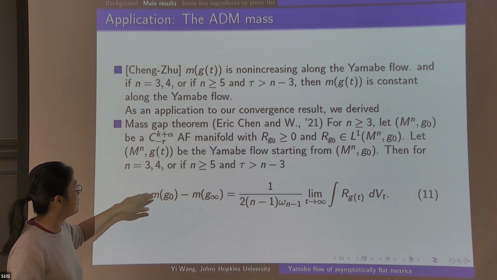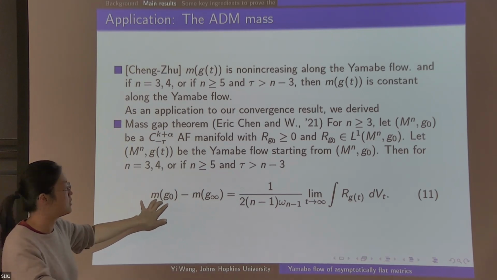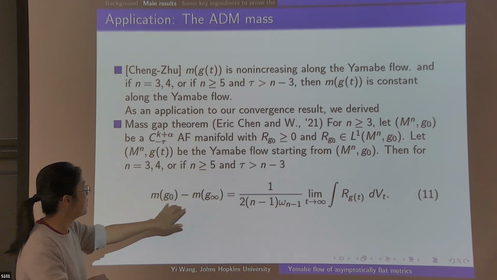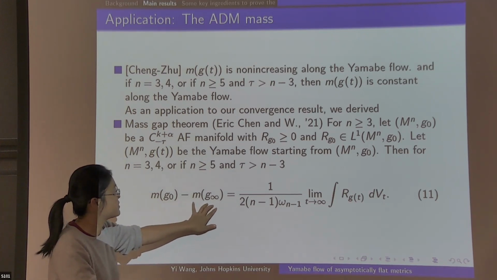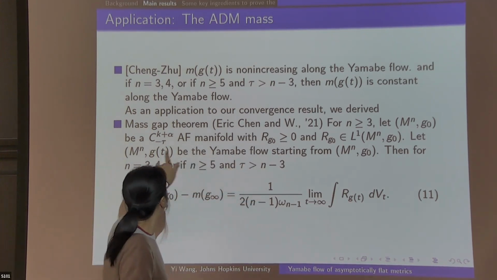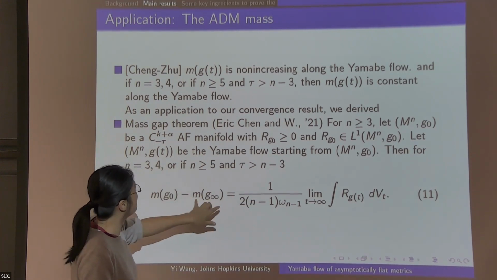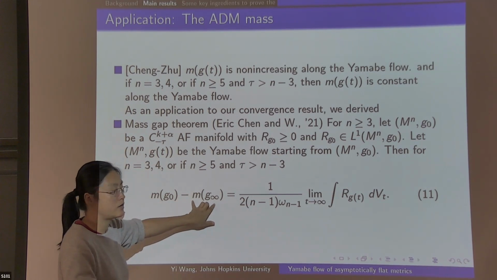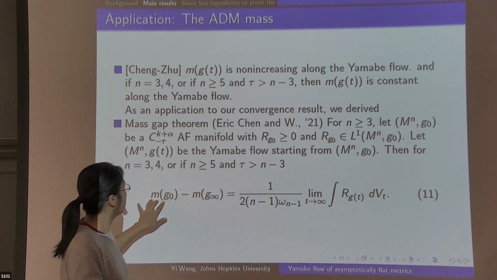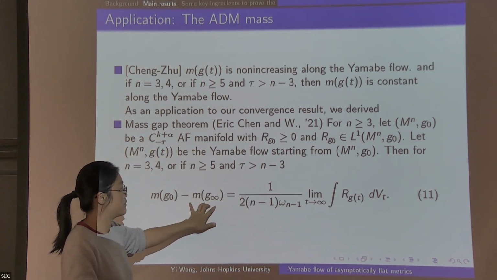So you have a metric to start the flow, and it has an ADM mass, and it eventually converges to something when the Yamabe, sorry, did I mention that? When the Yamabe constant is positive, then there is a gap between these two.